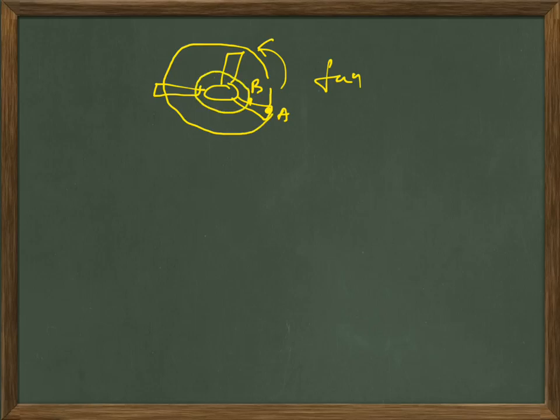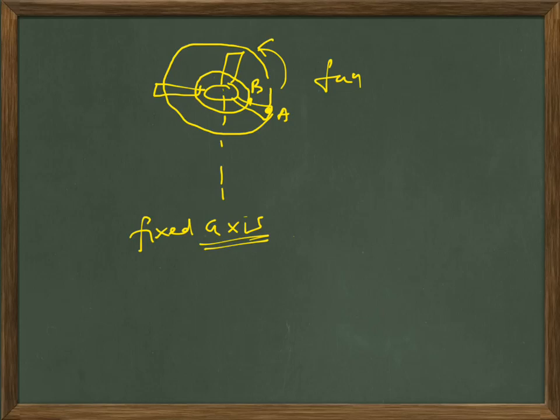But all points on the fan are moving in circles. And the centers of all these circles lie on a straight line, an imaginary line, which you can visualize as passing through the center of the fan. So all points are going in circles around that straight line which passes through the center. Okay, so that straight line, that is called the axis. In fact, that axis is not moving, so it is a fixed axis.